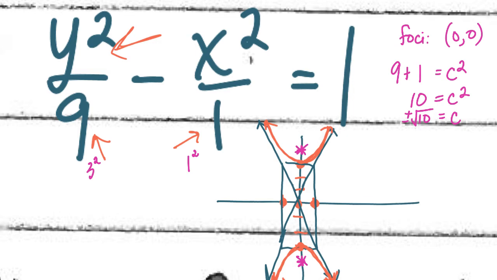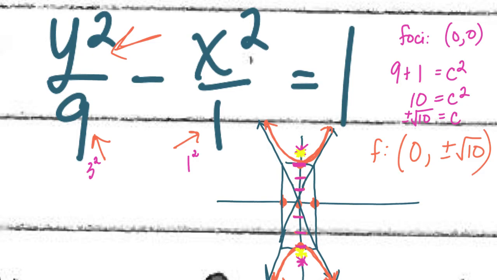So if I was to count this, 1, 2, 3, my root 10 would probably be right where I had it, maybe a little closer to the hyperbola. And if I was to count negative, I would go 1, 2, -3. And again, I was pretty much on, maybe a little off. But remember to write the foci, we have to write them on the y at (0, plus or minus root 10).